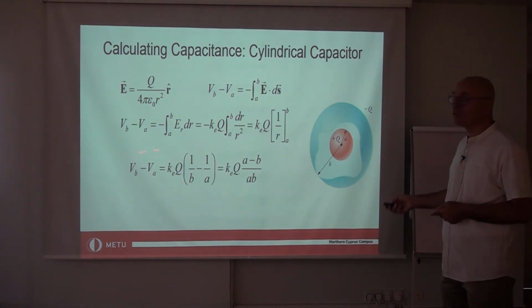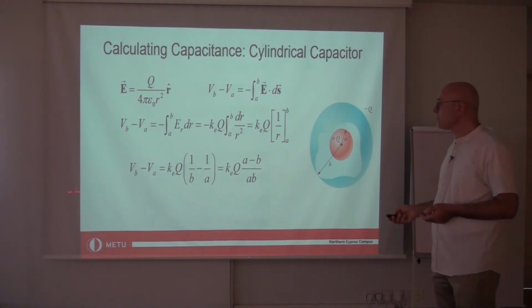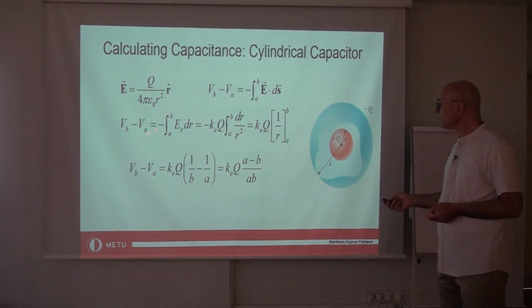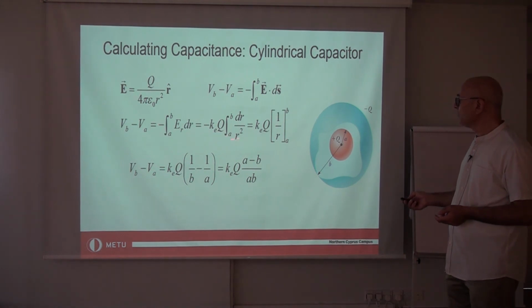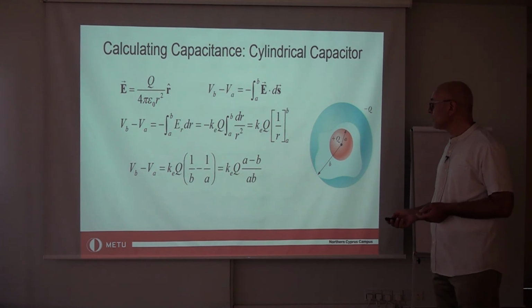If you do this, you will have an integration of 1 over r squared, which is also a simple integral. Therefore, you find V, and you can just express it this way. This is your potential difference.